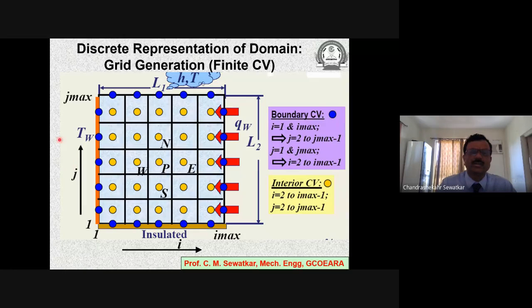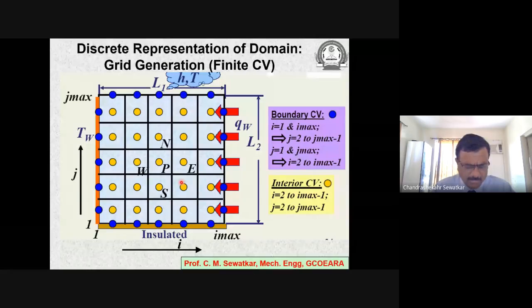So this L1 into L2 is my domain now. When I want to do the discrete representation of the domain, I draw some vertical lines and some horizontal lines. In this particular problem, I have drawn the vertical and horizontal lines equispaced for the sake of simplicity and for the sake of understanding the finite volume methodology.